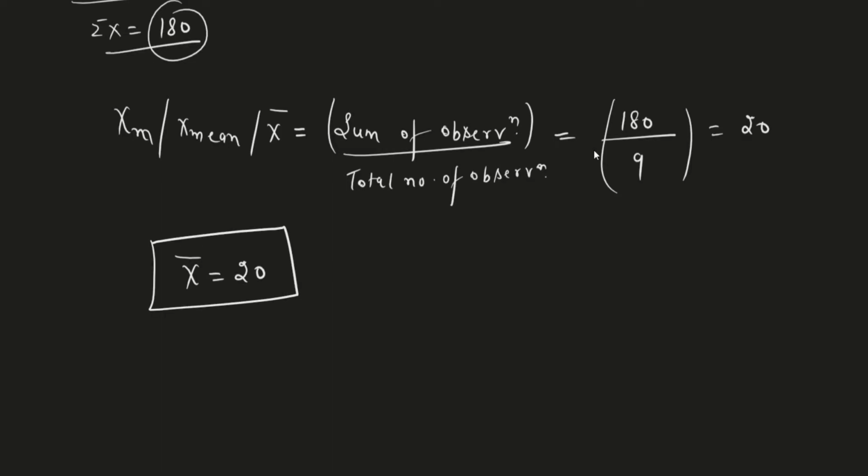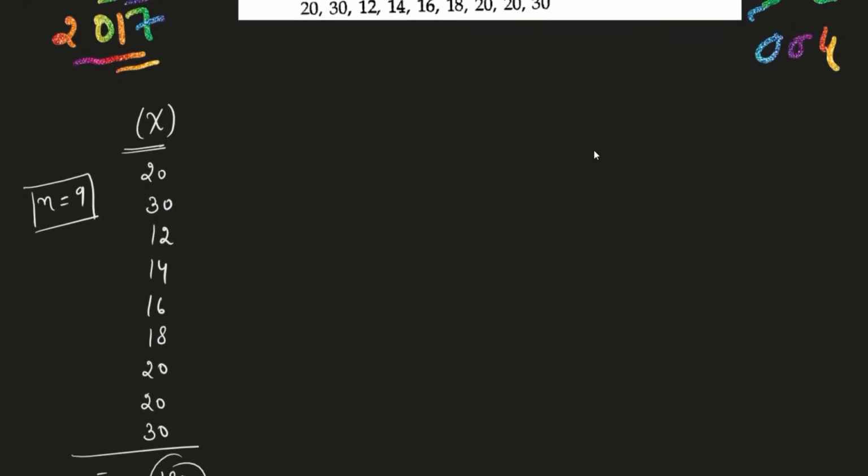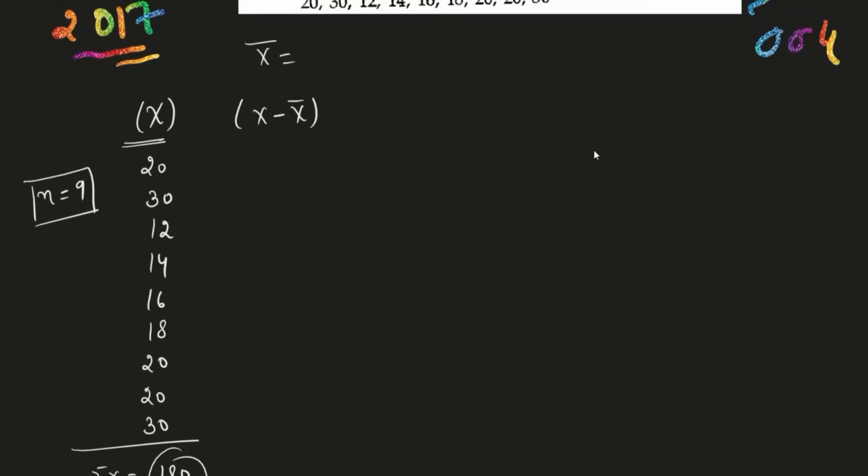Now what would be our next step? Next step would be x minus x bar. We have the value of x. Just in case, so that I don't have to scroll down again and again, I am writing x bar, that is our mean value, that is 20, right? You don't have to write it here.